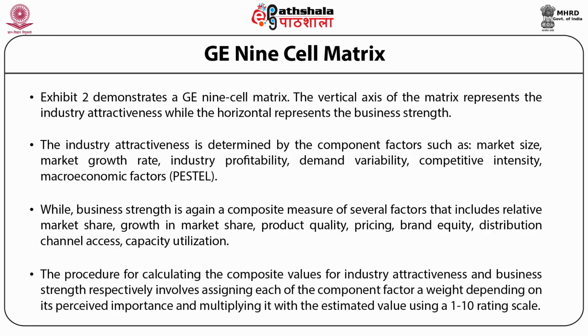The procedure for calculating the composite value for industry attractiveness and business strength respectively involves assigning each of the component factors a weight depending on its perceived importance and multiplying it with the estimated value using a 1 to 10 rating scale.